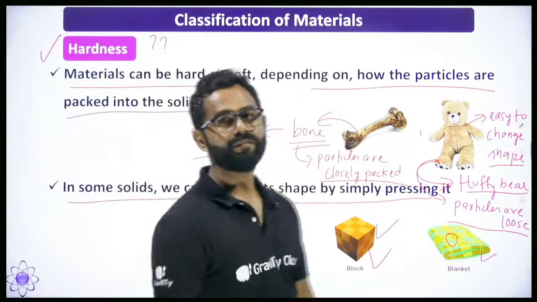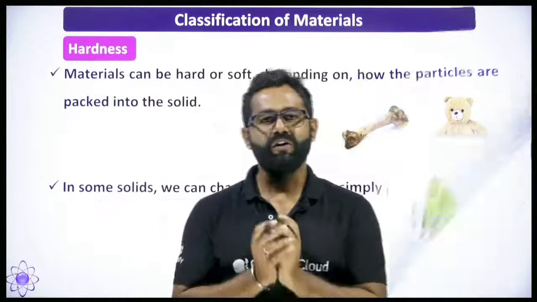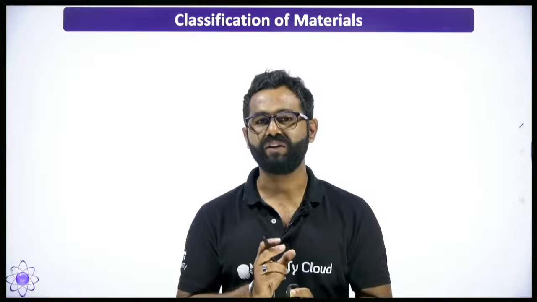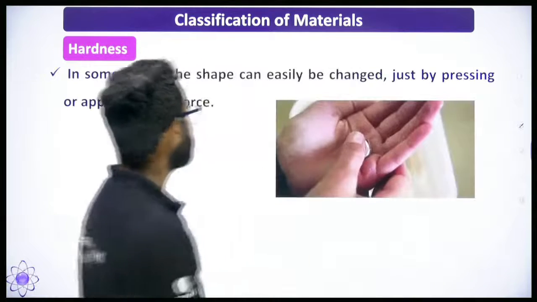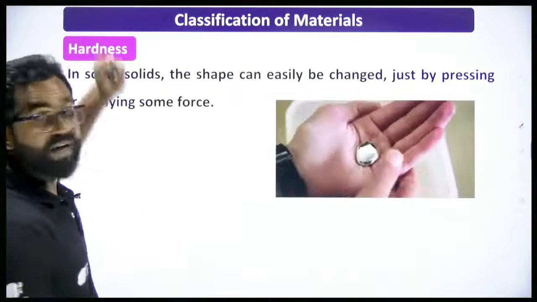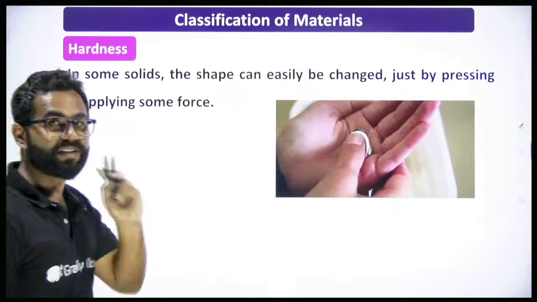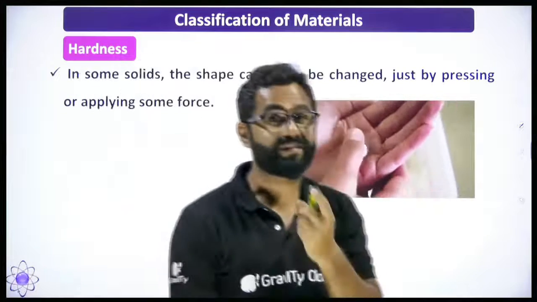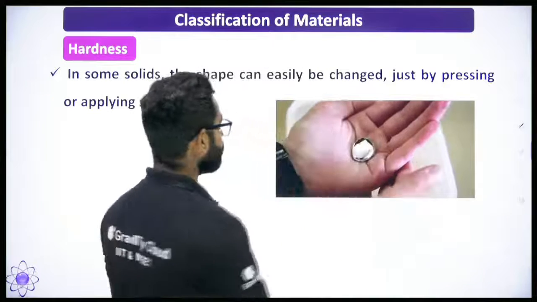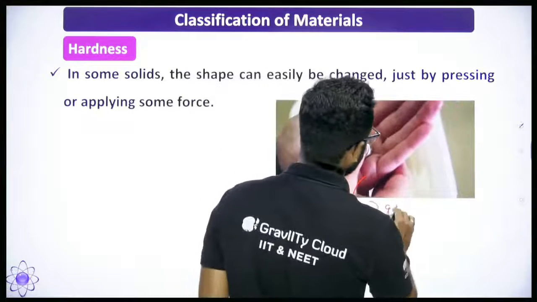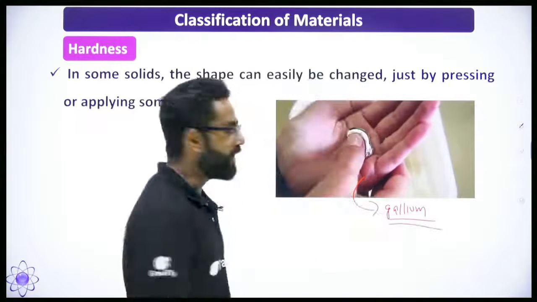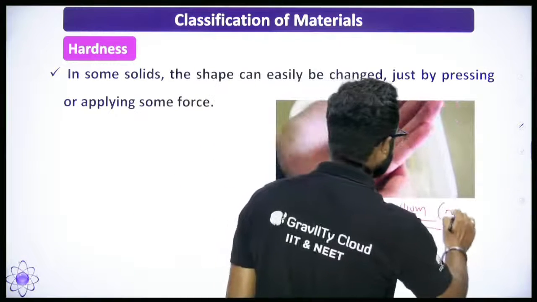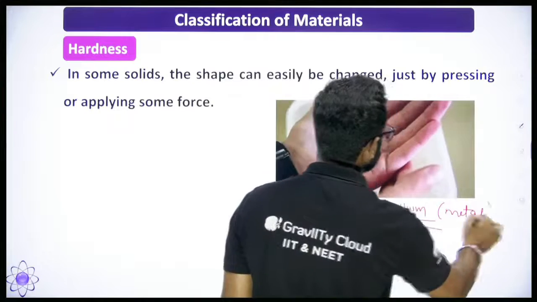Okay. So next, the property which we can use to classify materials is regarding hardness. I told you that in some cases we can change the shape of materials just by pressing them. For example, gallium. Gallium is actually a metal.